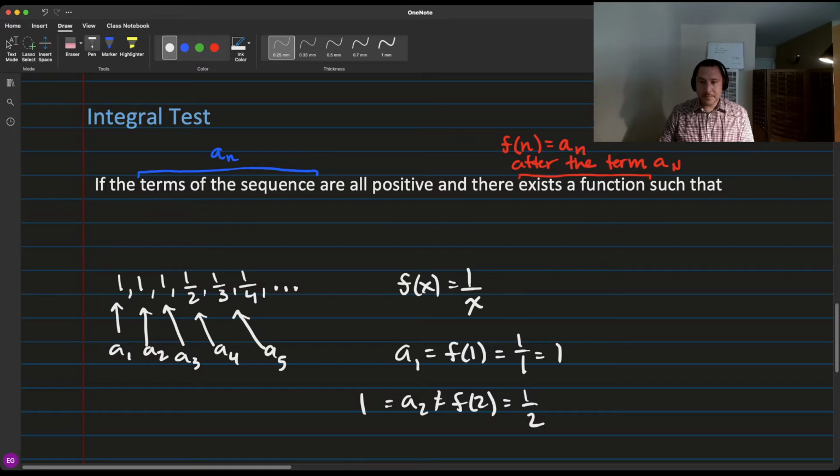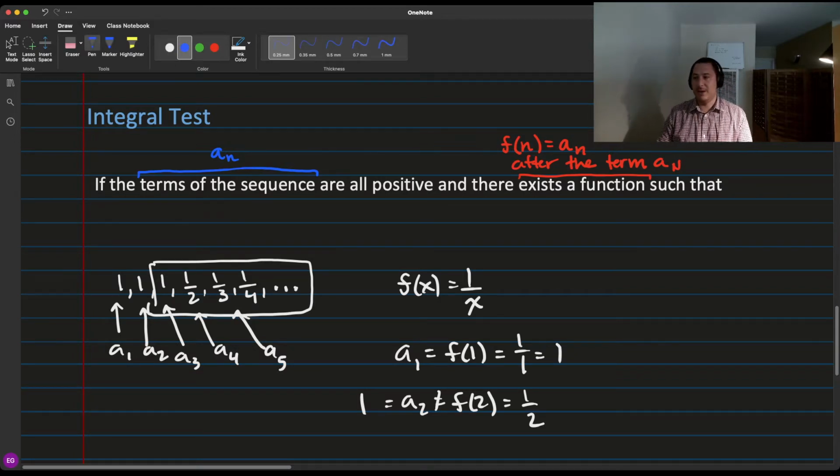But you could rewrite it so that this will match up, and I'll show you how. a_3 is 1. What you could do is make your f of x equal to 1 over x minus 2.